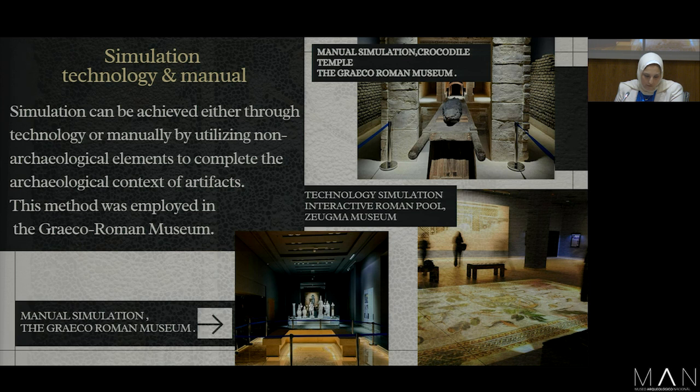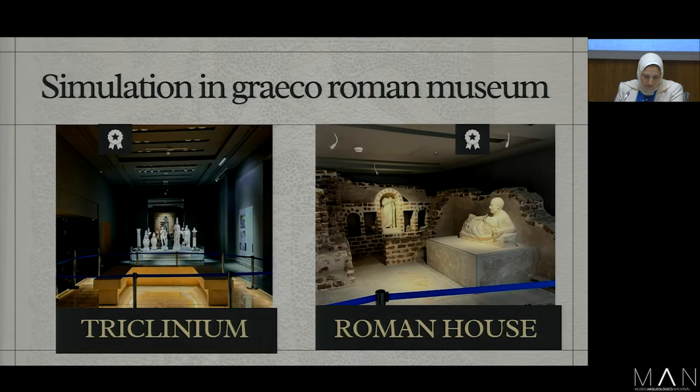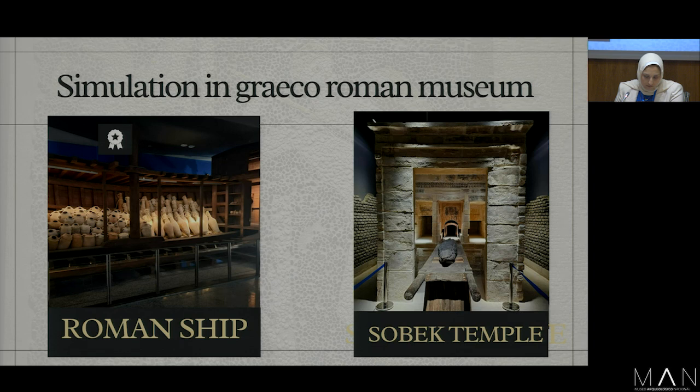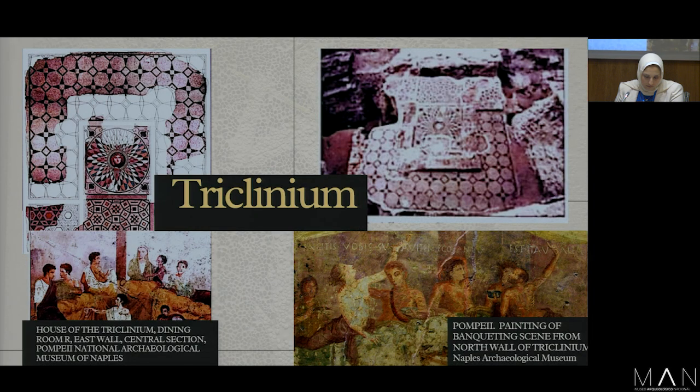Examples include the Roman house, the triclinium or banquet room, the Roman shop, and the crocodile temple wall. Let's get started with the triclinium, or banquet room. The banquet room was an essential component of Greek and Roman large houses, in which the owner received his male guests and held banquets and gatherings.